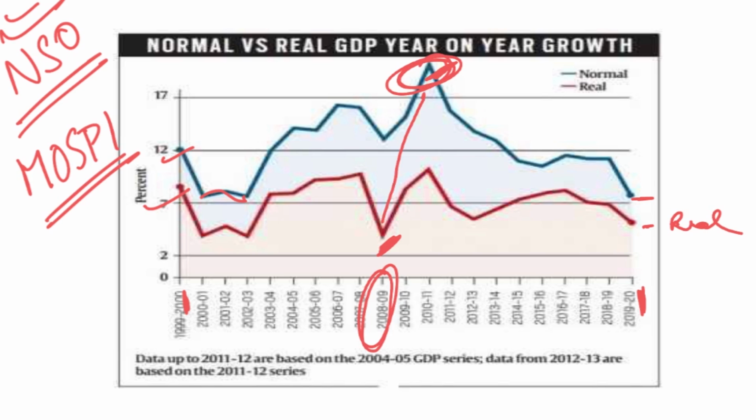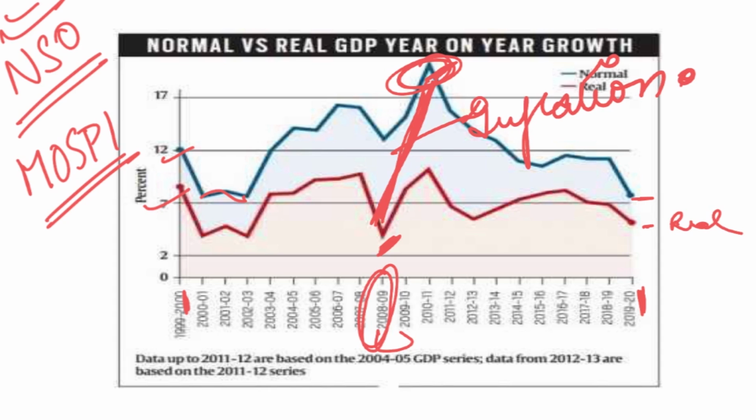So these gaps denote the inflation which India faced during this subprime lending crisis. And then if you see, this gap is lowering, which means there's not much gap in recent years between the constant prices and the current prices.